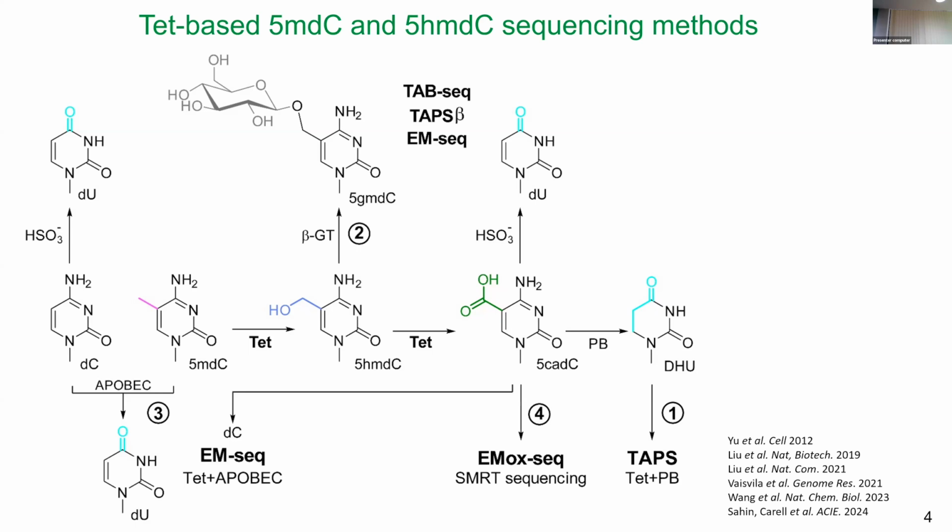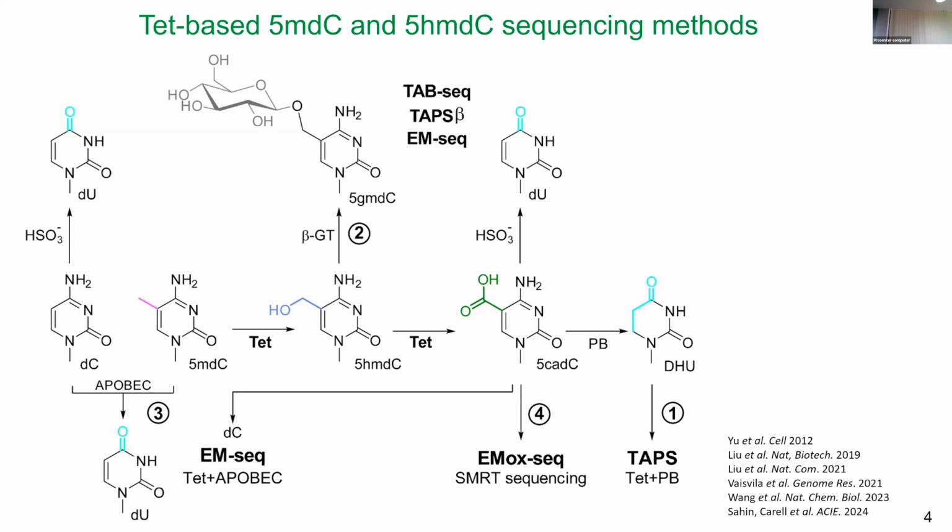For one, TET and glycosyltransferase, to protect hydroxymethylcytidine and oxidize everything that's not protected by the TET enzyme. Then you treat everything with a deaminase, APOBEC, that deaminates cytidine to uracil. Then you can again learn about the position of these epigenetic bases, and this method is called enzymatic methyl sequencing.